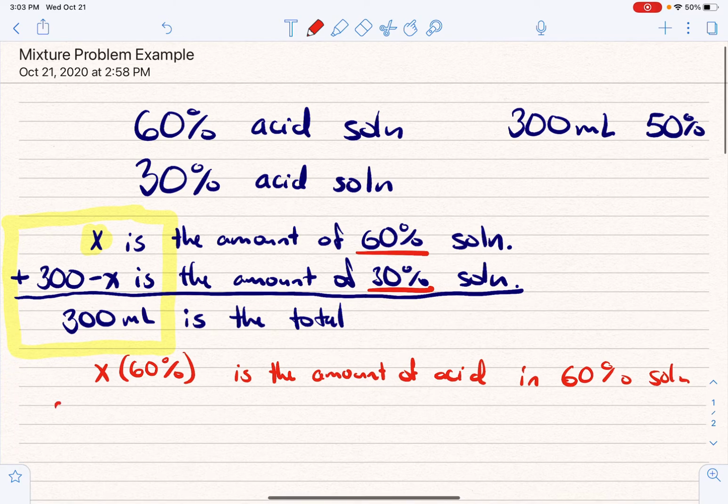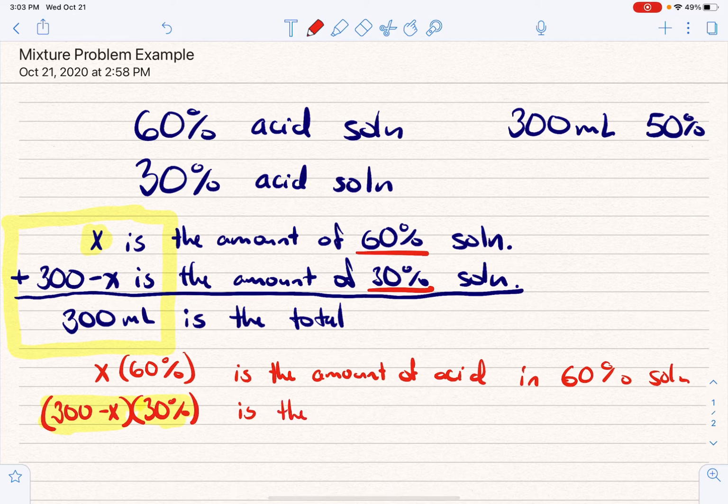The other one is 300 minus x, and we multiply that by 30%, because that's how much of it is acid. I know this might seem really trivial and elementary, but hang with me. This is the amount of acid in the 30% solution.